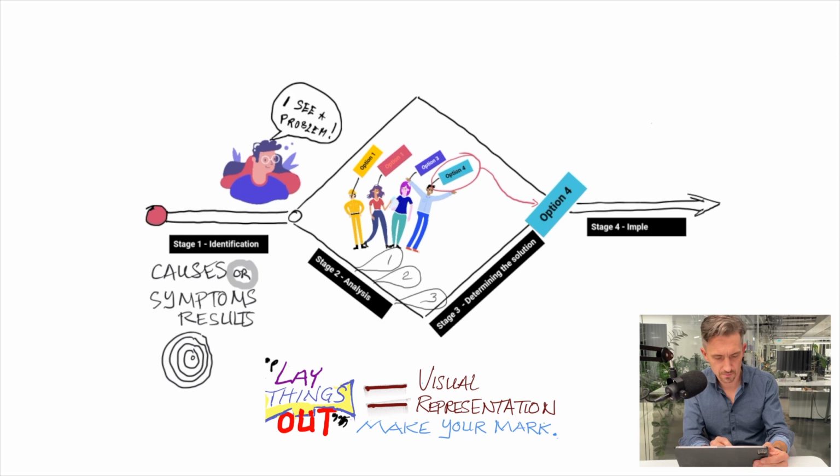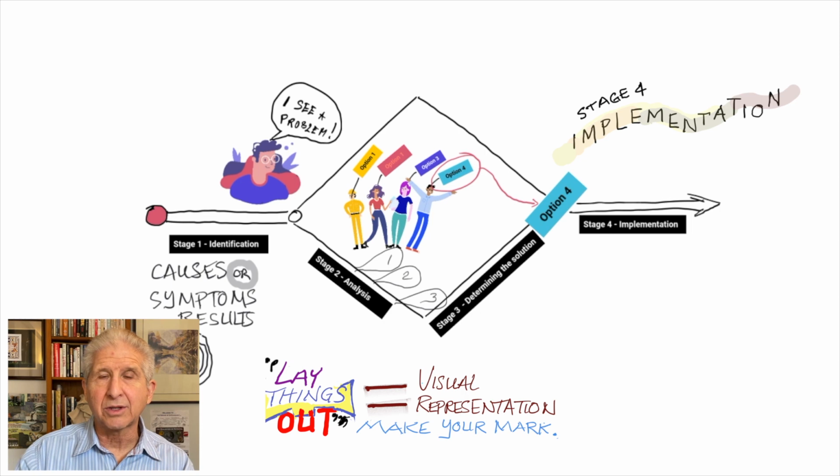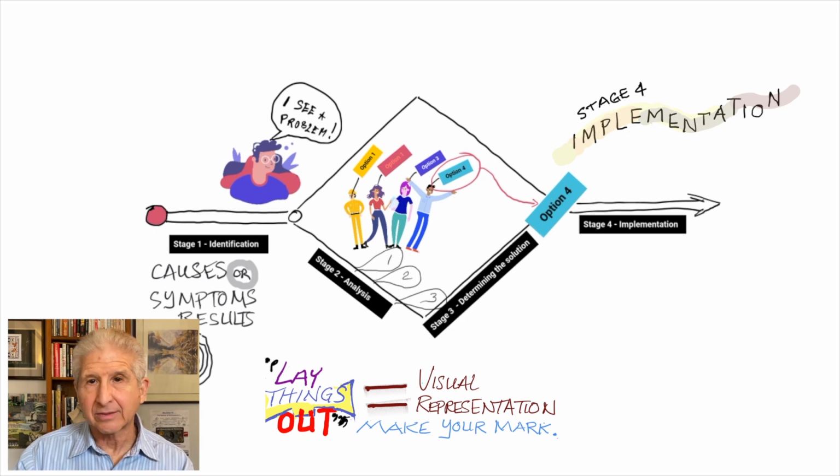Here we have a stage number 4, and that's implementation. So I think it would be useful to point out here that a lot of times when a problem-solving process is ineffective, it's because people want to rush to stage 4, implementation, because they think they have the right solution, when they haven't really done the full job of analysis and synthesis or decision-making, or they haven't put all those different parts or factors into the decision-making process.